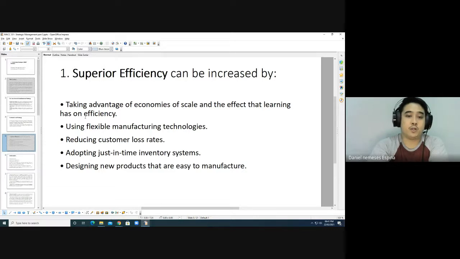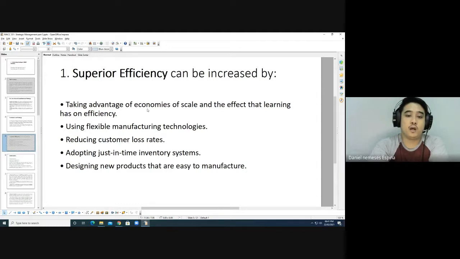So for example, compared with labor-intensive operation or manufacturing, compared with the use of machines. We can say that we are taking advantage of the economies of scale when we use the machines because the cost of those machines is fixed, diba?